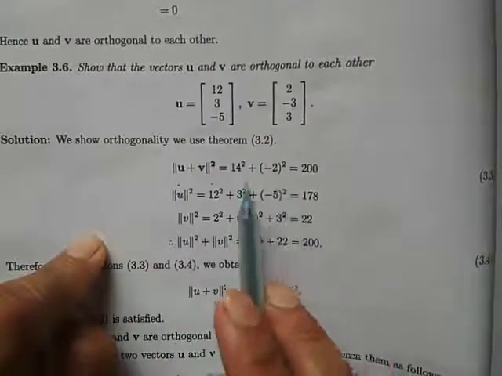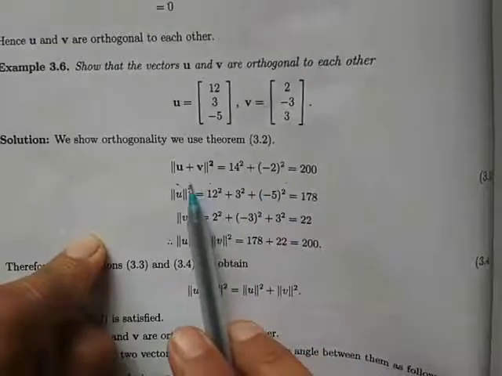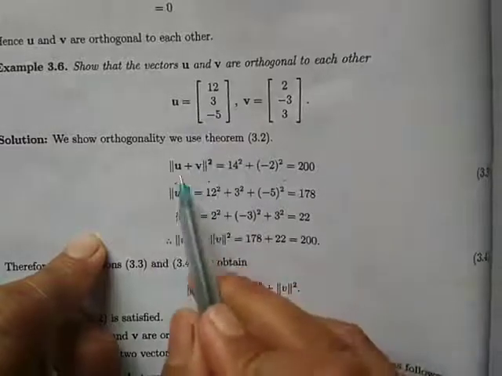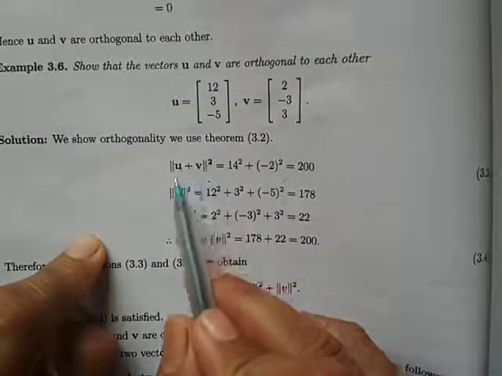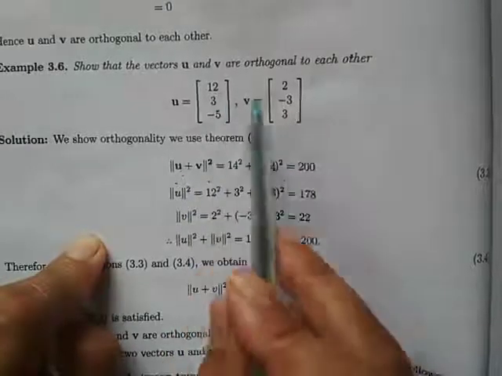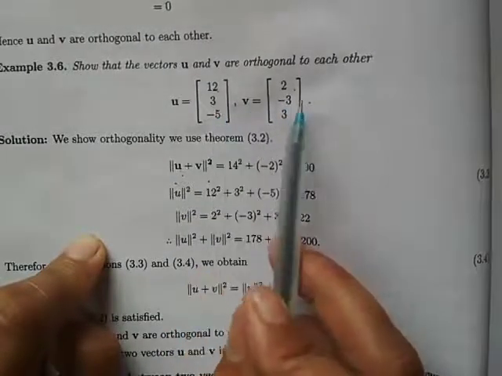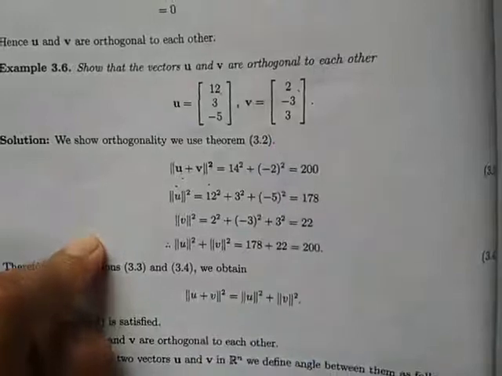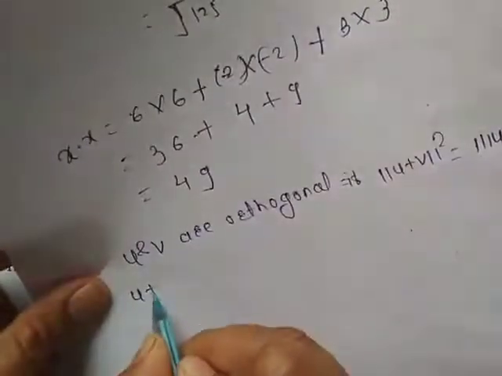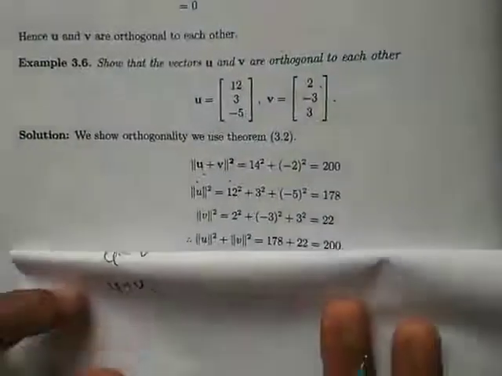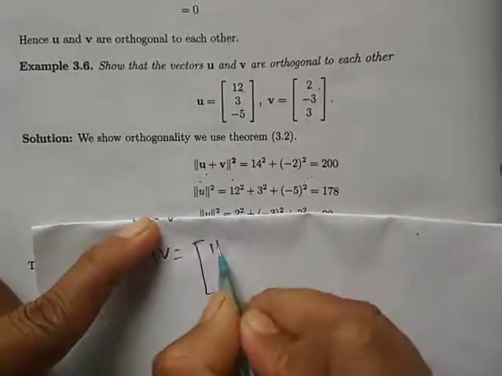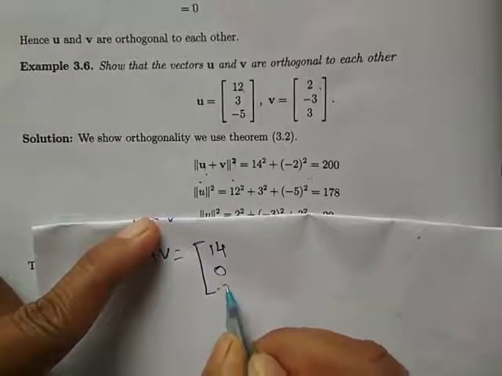Norm of u plus v square means you have to first take the addition of u and v. 12 plus 2 is 14, 3 minus 3 is 0, minus 5 plus 3 is minus 2. So u plus v is the vector 14, 0, minus 2.